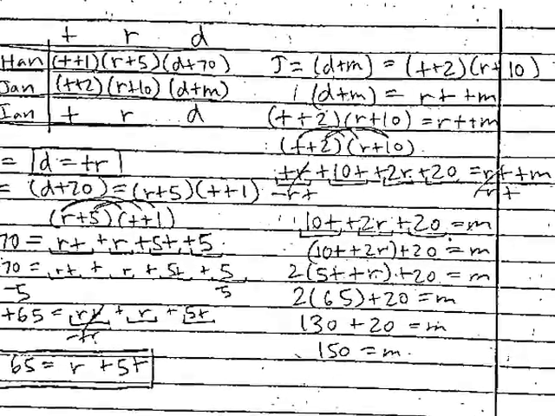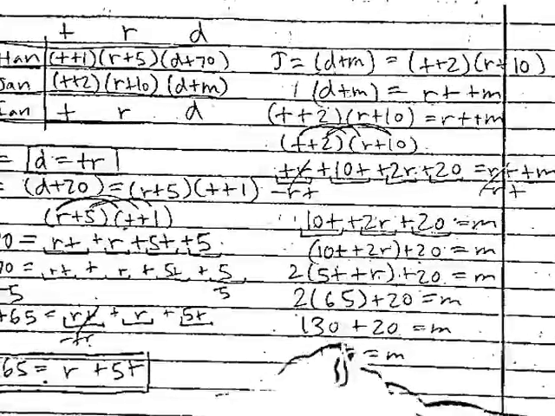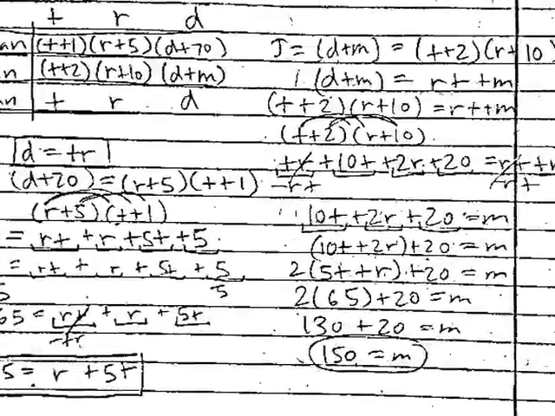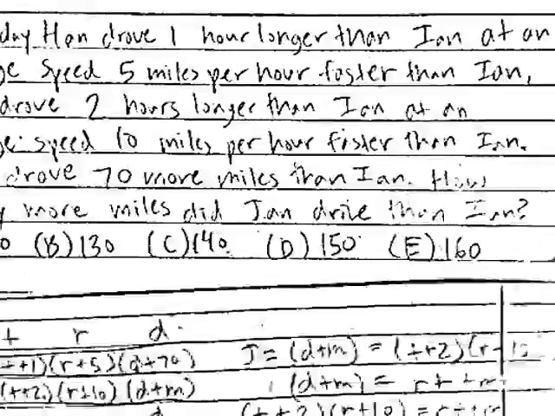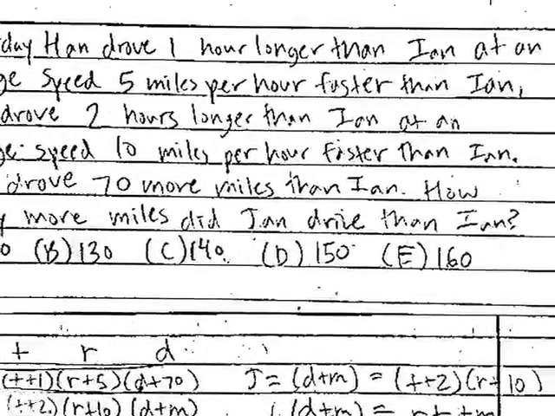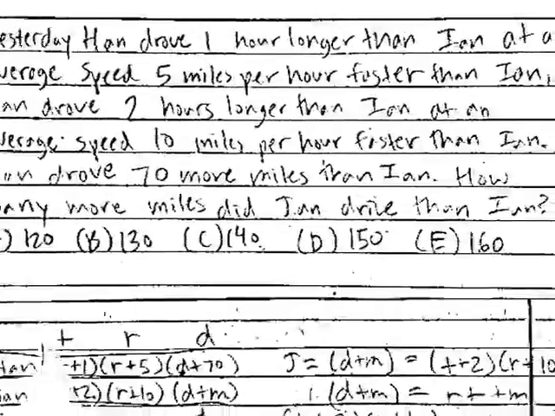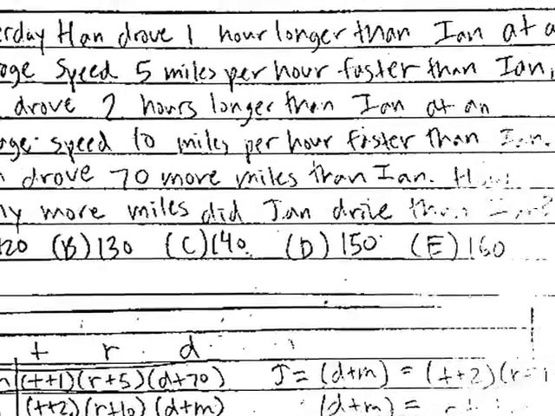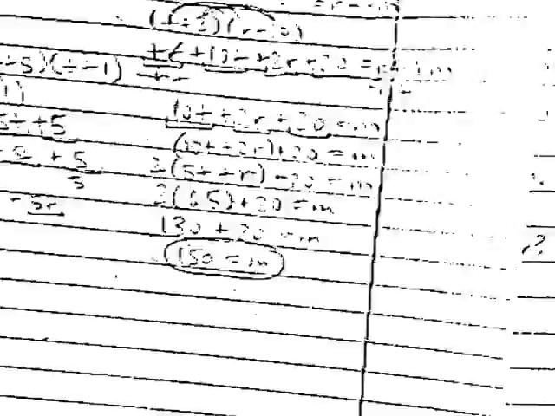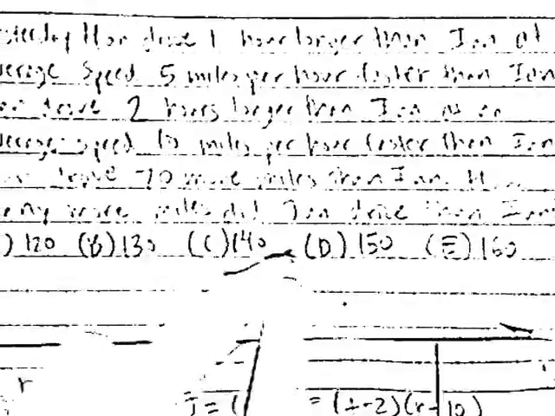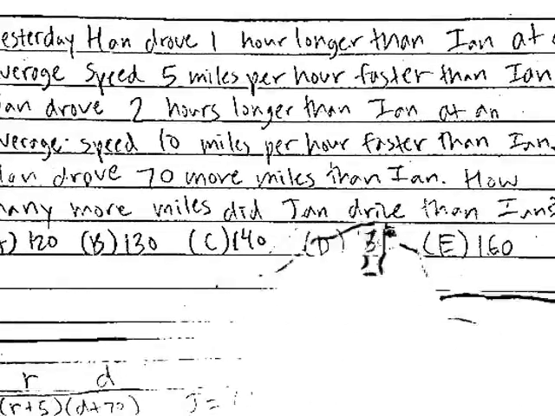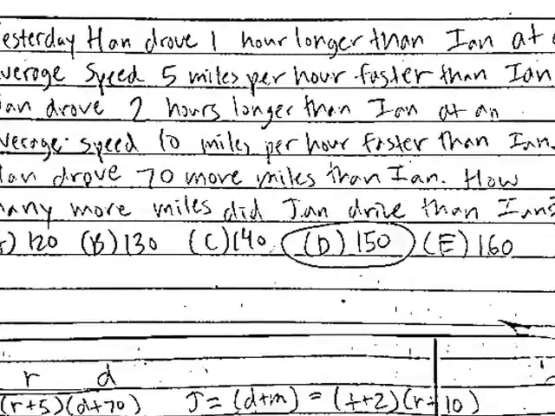Going back to the question, I'm going to circle this. These are the answers. A is 120, but the answer is actually 150. So the answer is D, which is 150. And that's it.